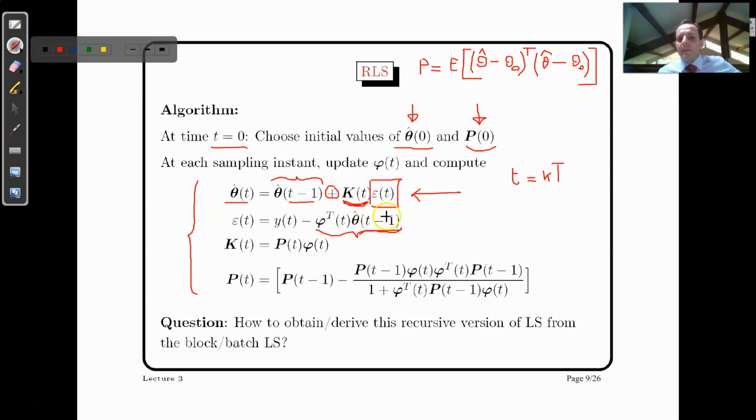But normally epsilon is different from 0, so you need to adapt your parameters according to this adaptive law.